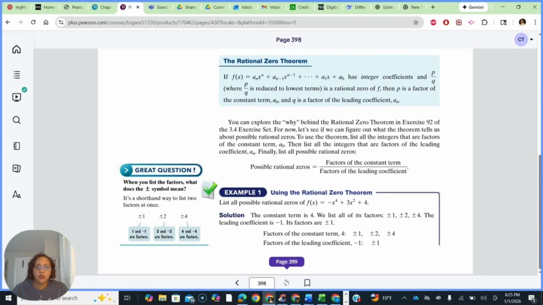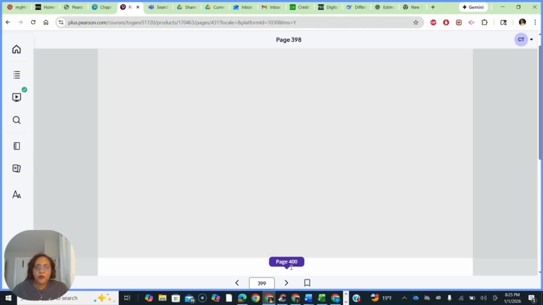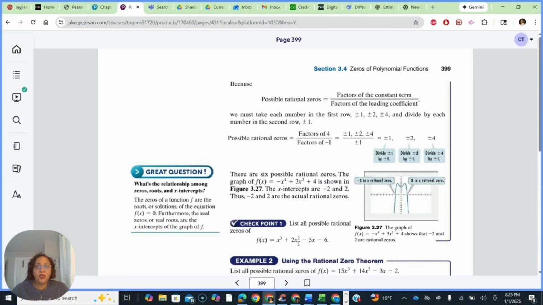Okay? And you might want to write some more of this down in your notes from the book if you want to. It'll just help you along with studying. So you're going to take all of the factors of the constant term and divide them by the leading coefficient term, okay?